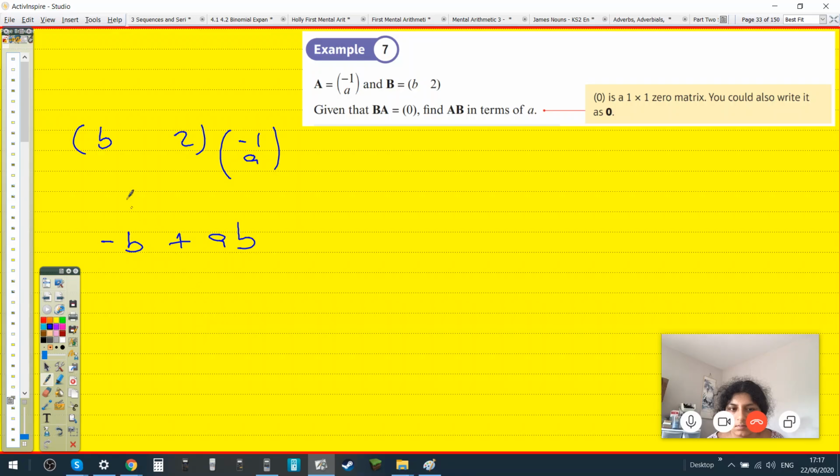Is that not it for the first one? And what will be the dimension of the answer? 2 times 1. Wait, no. 1 times 2. Wait, no. 2 times 2. Sorry. So I think it's 2 times 2.